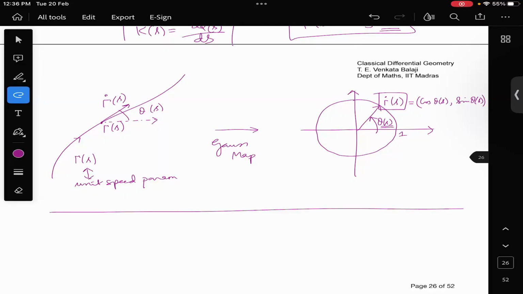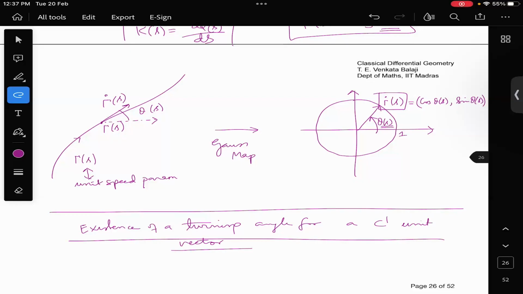So what I am going to do is the following thing. Existence of a turning angle for a C1 unit vector, okay. So remember, in the situation above, gamma(s) is a unit speed parameterized curve, so gamma dot is a unit vector.